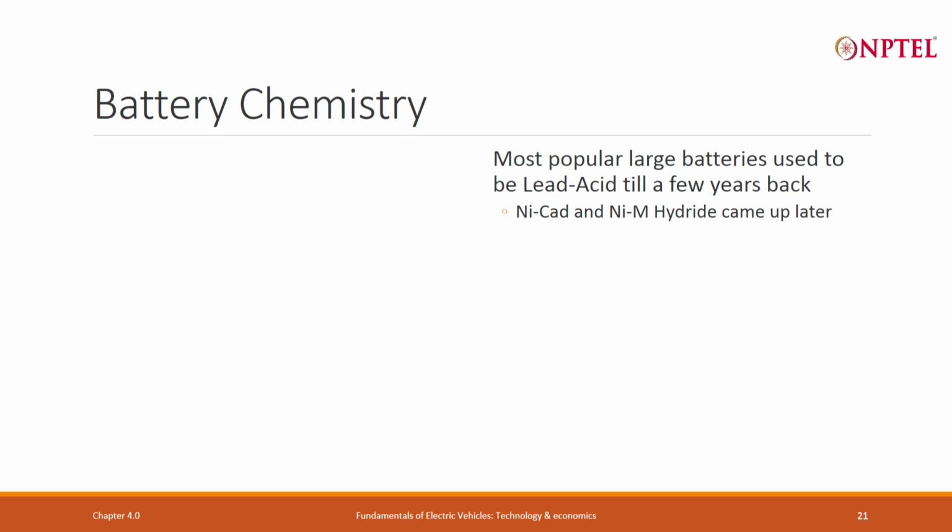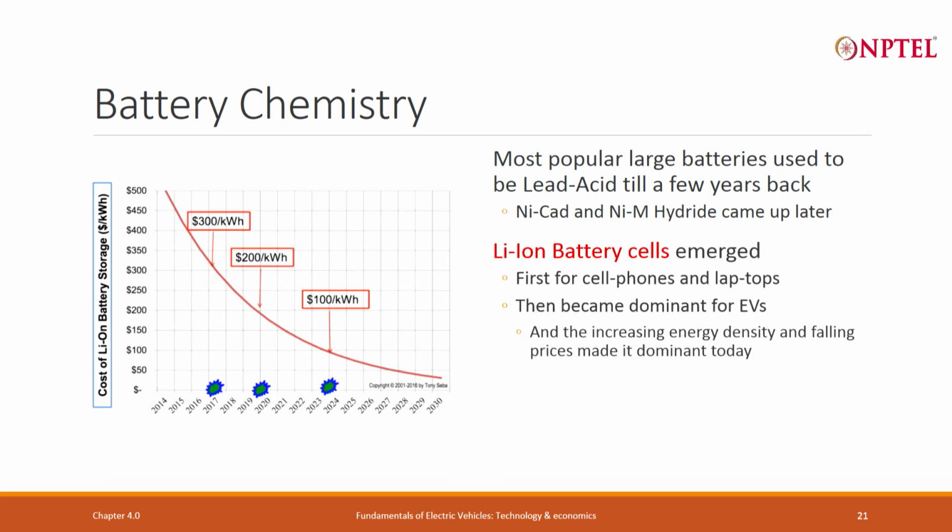Battery chemistry, most popular battery chemistry, this is what I was pointing out. It used to be close to 1000, this is $500, it was even higher. In 2010, it was $1000 per kilowatt hour. And if you see, this is going down, it has come down to $100 per kilowatt hour. It has already reached $100 per kilowatt hour at cell level.